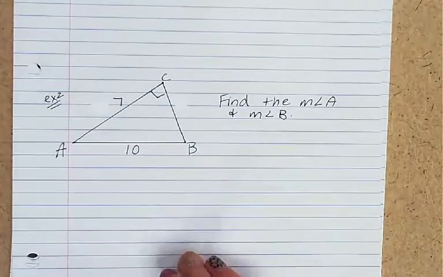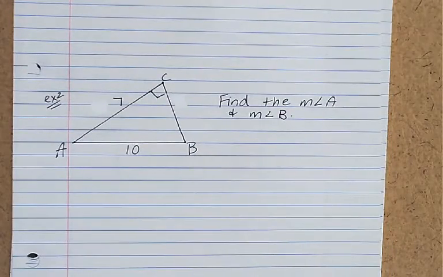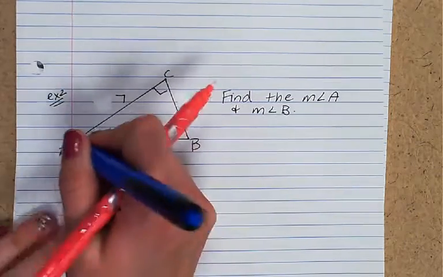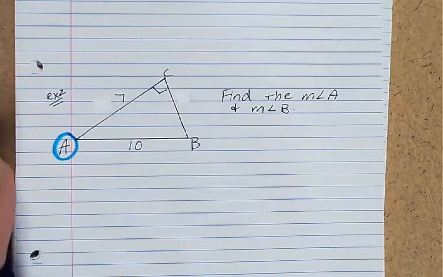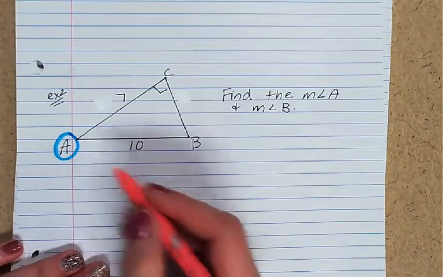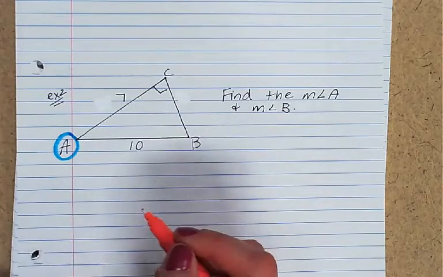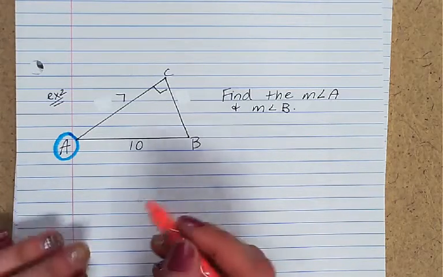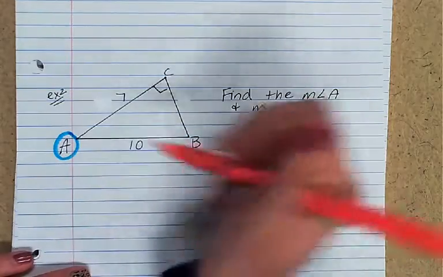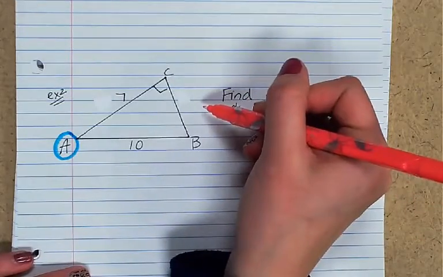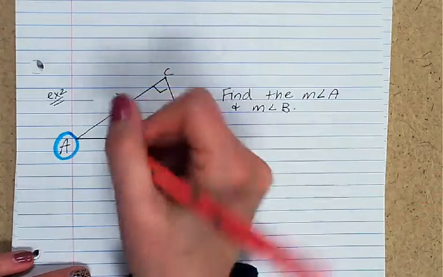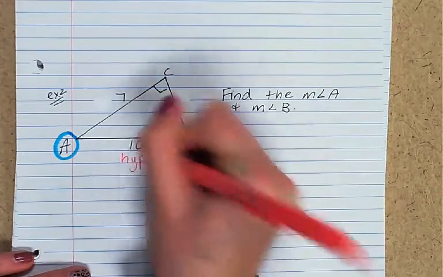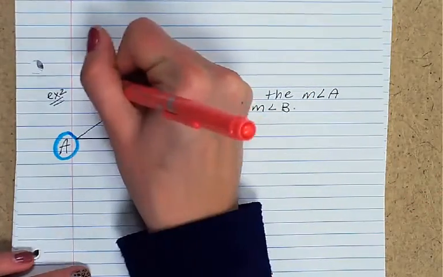For example 2, it says find the measure of angle A and the measure of angle B. I'm going to start off by making angle A my reference angle. Now I have to decide what is the opposite, the adjacent, and the hypotenuse. Over here we have opposite. That's not going to help me because I don't have any values there. Across from the right angle is my hypotenuse, and then this is my adjacent.